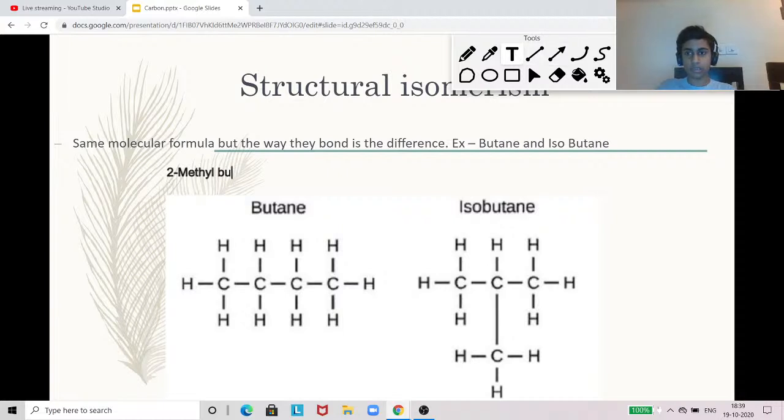Actually, sorry, it's 2-methyl propane. And the other one is just butane, or n-butane.